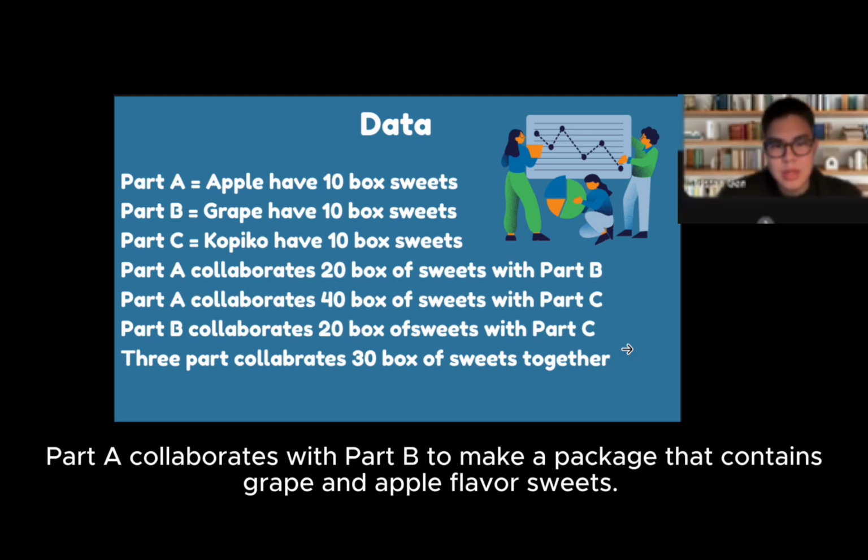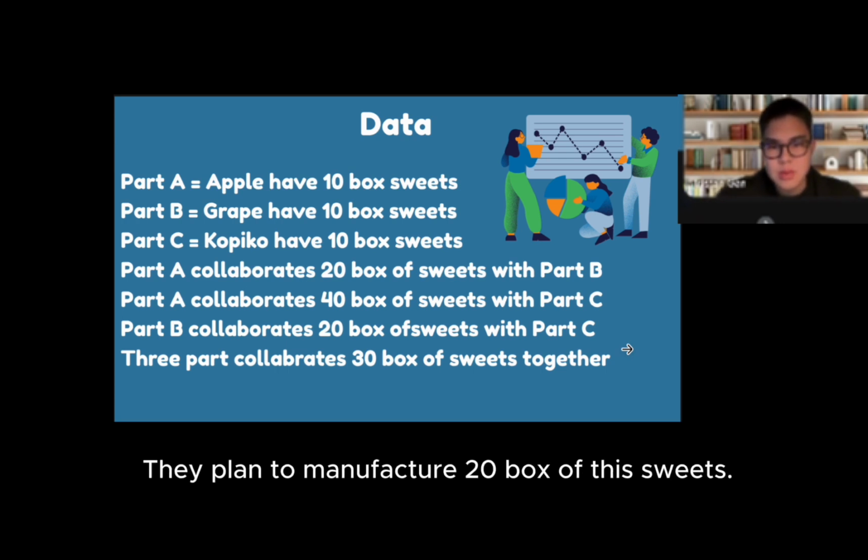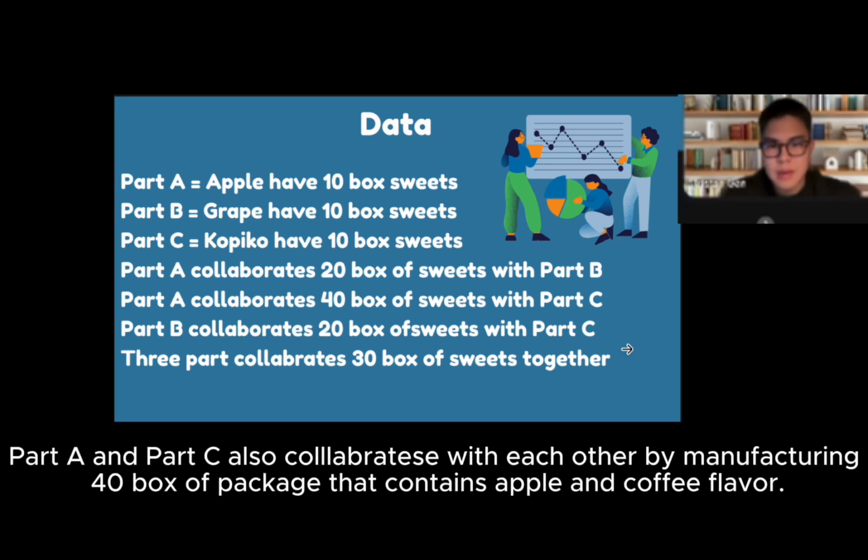Part A collaborates with Part B to make a package that contains grape and apple flavor sweets. They plan to manufacture 20 boxes of these sweets. Part A and Part C also collaborate by manufacturing 40 boxes of package that contains apple and coffee flavor.